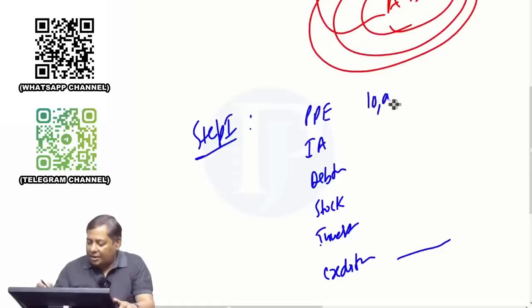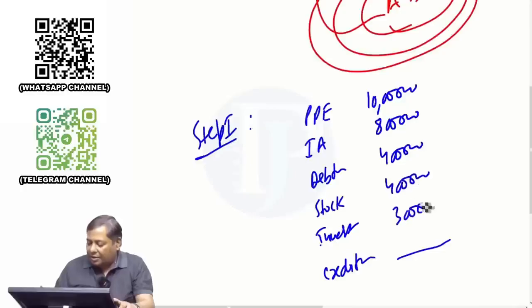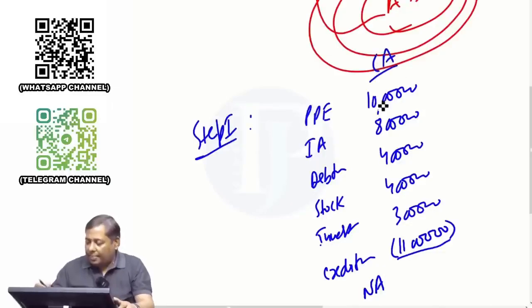Let's say PPE is 10 lakhs, intangible assets 8 lakhs, debtors 4 lakhs, stock 4 lakhs, investments 3 lakhs, and creditors 11 lakhs. So net assets and carrying amount: 10 and 8 is 18, 18 and 4 is 22, 22 and 4 is 26, 26 plus 3 is 29, minus 11 gives a total of 18.